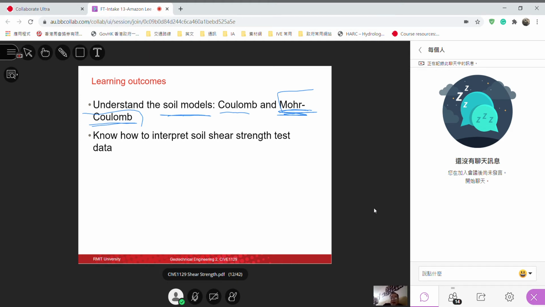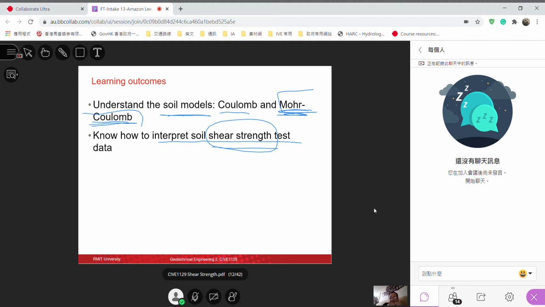For now, we will use the Mohr-Coulomb failure criteria to help us interpret the shear strength of the soil. Basically, soil is not like concrete.